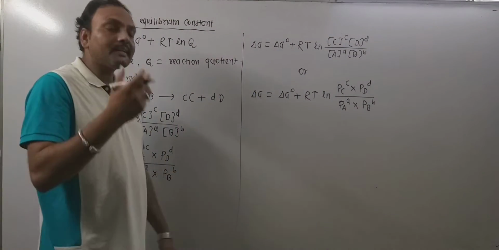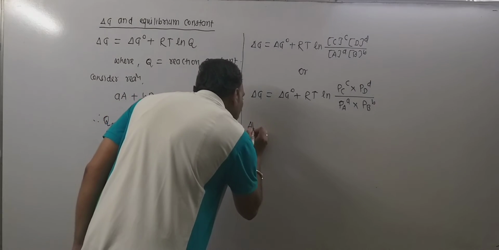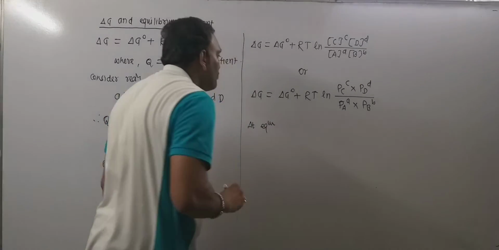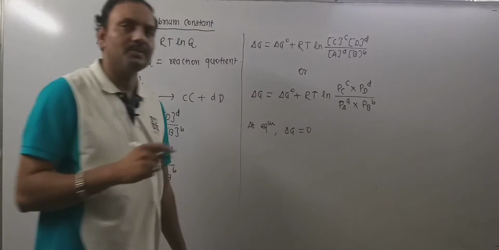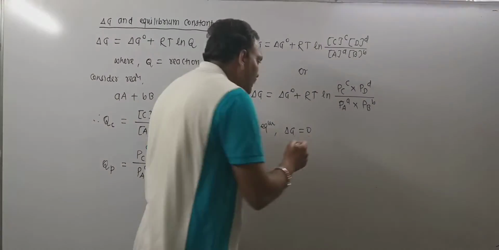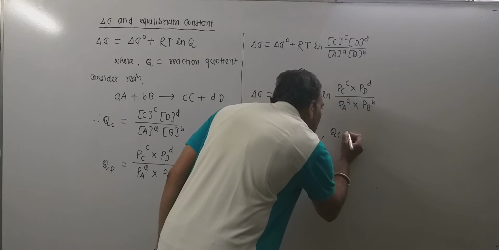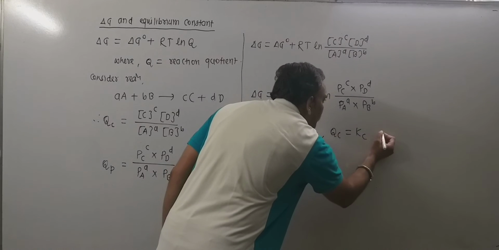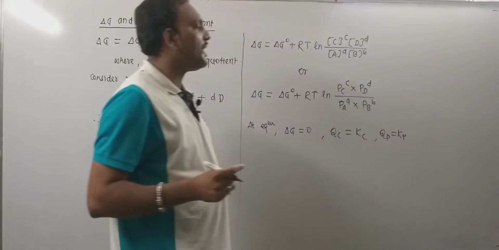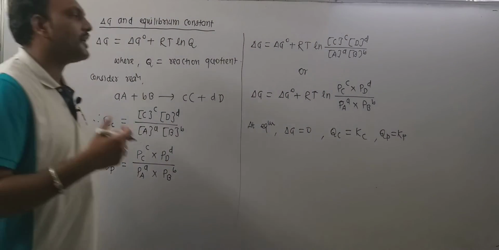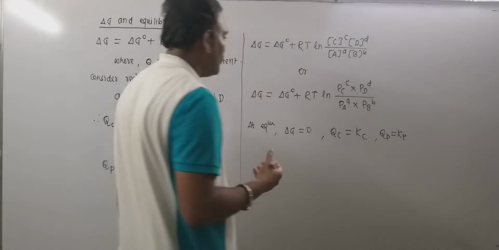Now what happens at equilibrium? At equilibrium delta G, that is the Gibbs energy change, becomes 0, and instead of Qc it becomes Kc, and instead of Qp it becomes Kp, where Kc and Kp are the equilibrium constants.